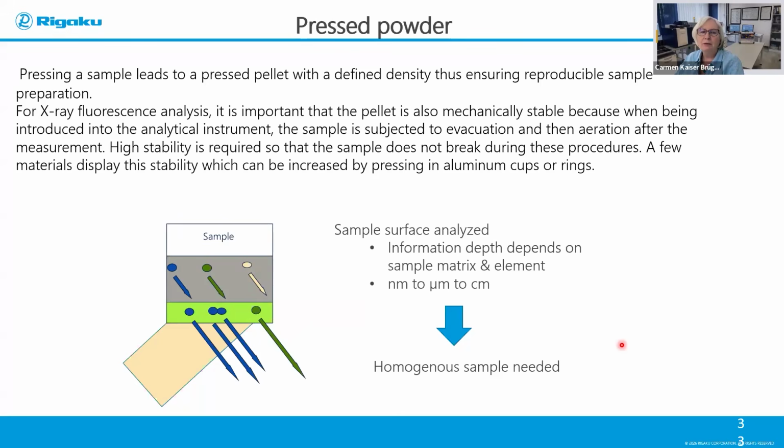Because, of course, if we subject this to a vacuum, we don't want any loose particles or breaking pellet falling on top of our instrument. But if you have a Primus 4, which is tube above, this is actually no problem. So very important is the preparation.